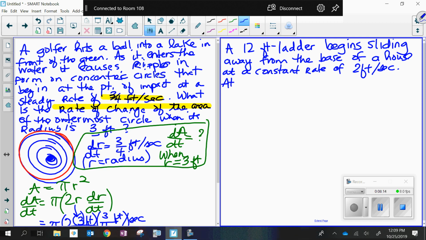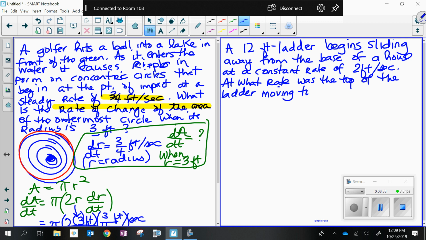At what rate was the top of the ladder moving toward the ground when the base was 17 feet away from the house?